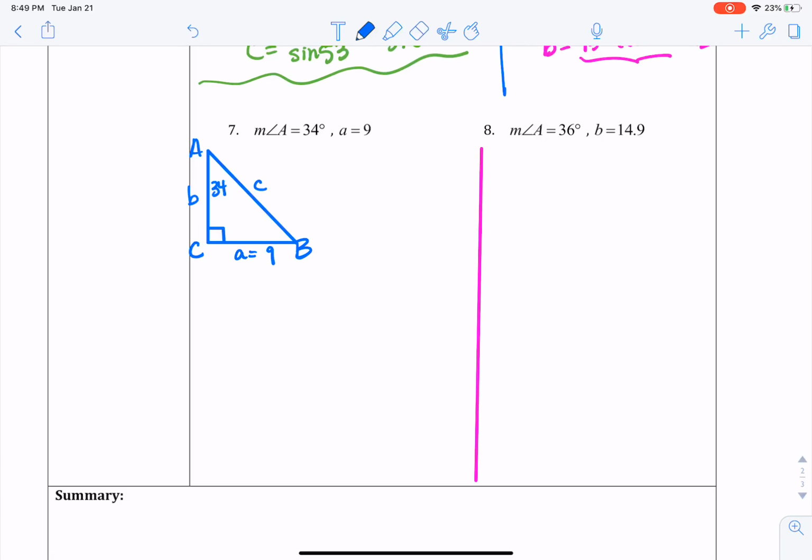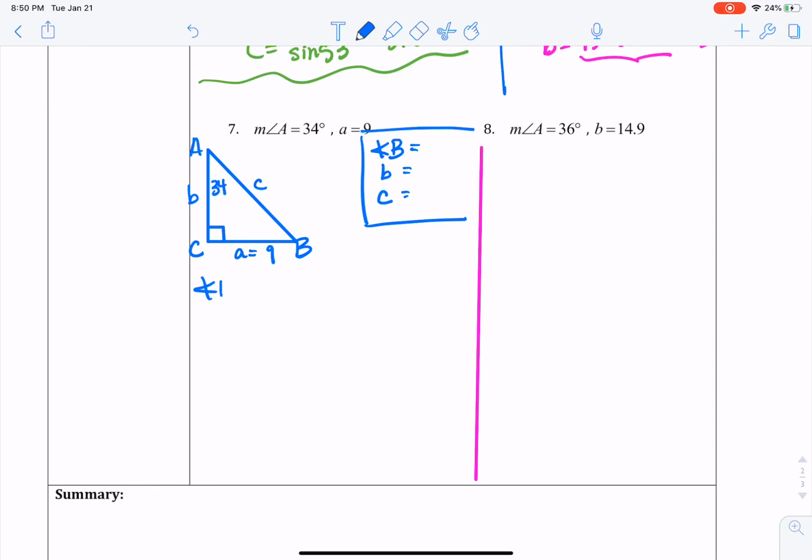That means that at some point I need to solve for angle B, side B, and side C. So here's my little box where I put my work when I'm finished. Angle B is 180 minus 90 minus 34 equals 56 degrees.